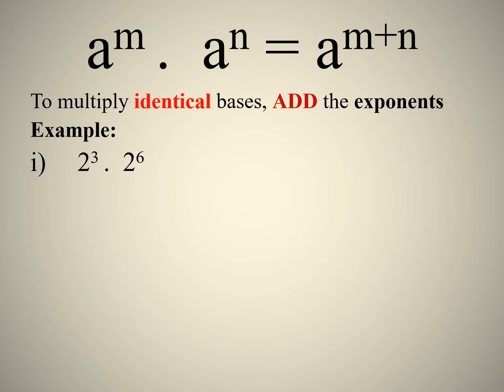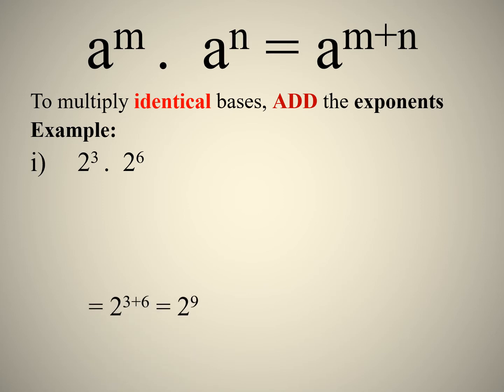2 raised to 3 into 2 raised to 6. In both the numbers, the base is 2. So, to multiply 2 raised to 3 and 2 raised to 6, we need only add the exponents.